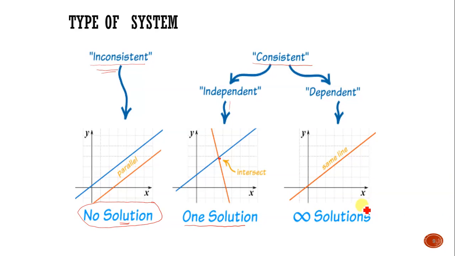And in the second example, we have seen that when lines are identical with each other, then we have infinitely many solutions. In both types of solution, we can say that the system is consistent. So when the system is consistent, either it has one solution or it has infinitely many solutions.